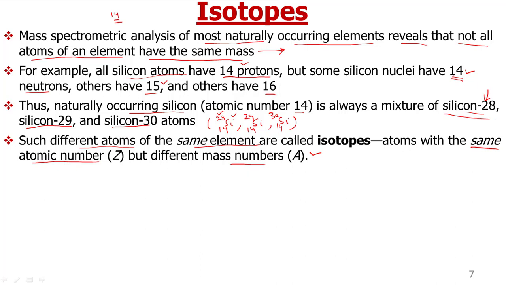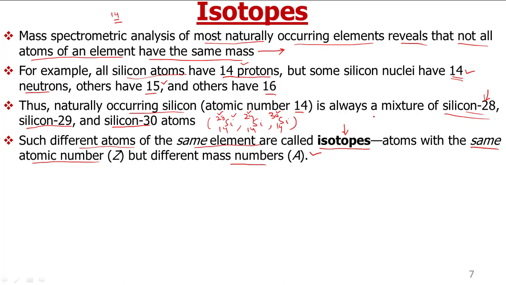Like you can see, their mass numbers are different. So these atoms are called isotopes. So what are isotopes? Isotopes are atoms which have the same atomic number but different mass number.